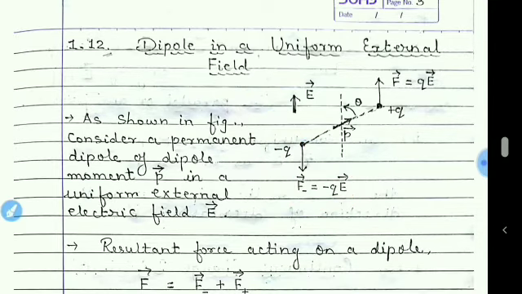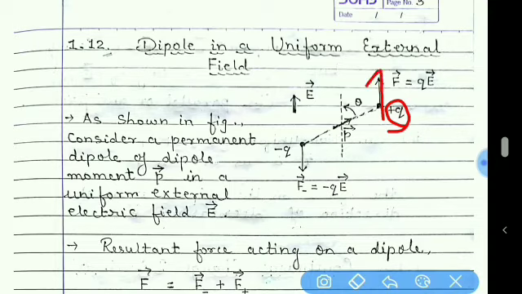Similarly, a positive charge, again it is in an electric field, so the force will act in the direction of the electric field, which is again given by Q into E. So this formula of forces we have studied, that whenever a charged particle is in an electric field, then a force acts on it.